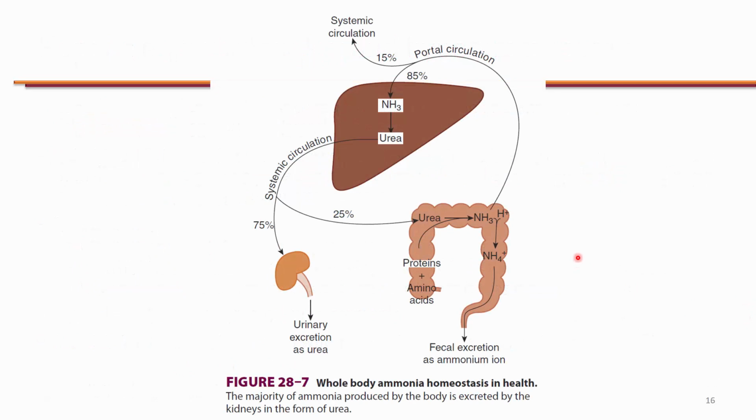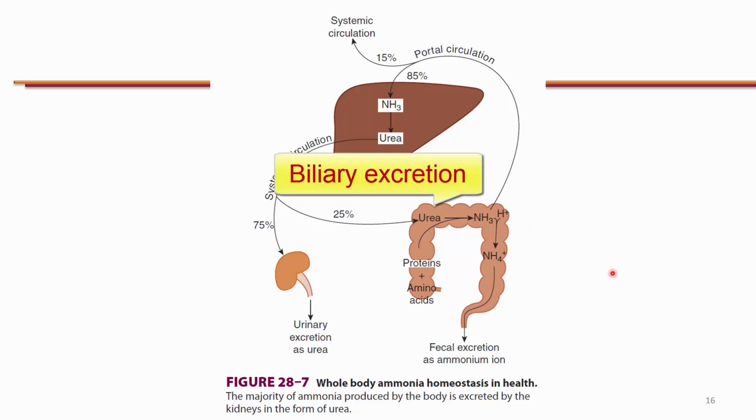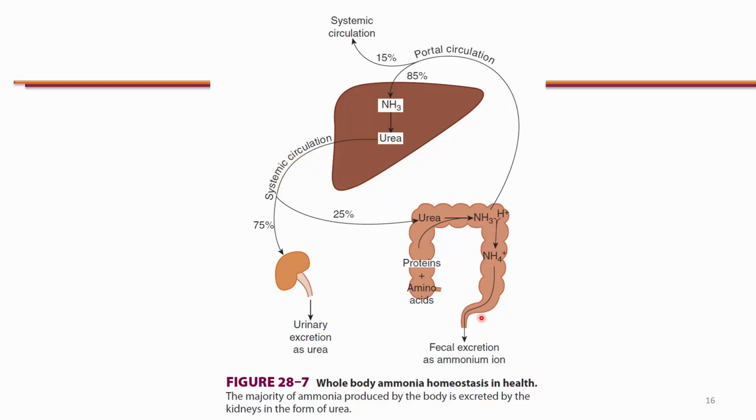So here's a general overview of the urea cycle. You can see one of the functions of the liver is to convert ammonia to urea. And then that urea will go into systemic circulation, so about 75% is excreted through the urine, and then the remaining 25% will go back to the GI tract, where it's converted back to ammonia and eventually to ammonium, and the ammonium is excreted in the feces.